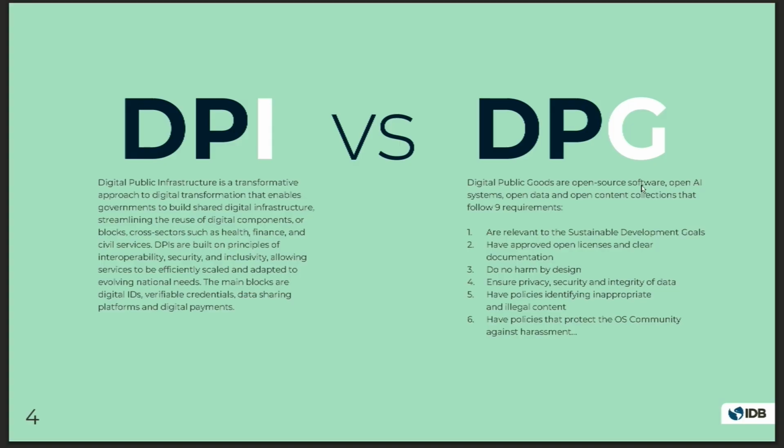DPG is open source software, open AI systems, open data, open content collections that follow 9 requirements. They're relevant to sustainable development goals. They have approved open source licenses and clear documentation. They do no harm by design. They ensure privacy and much more.